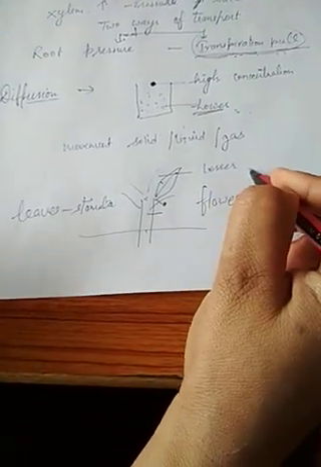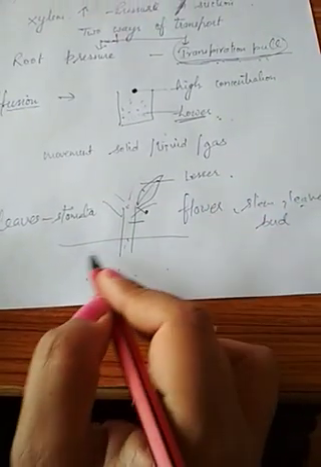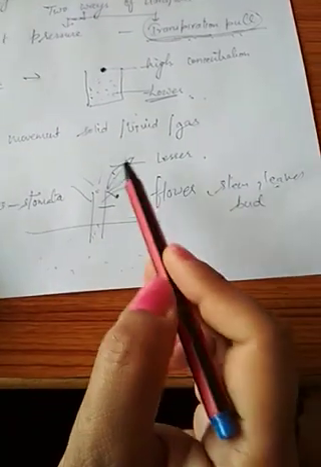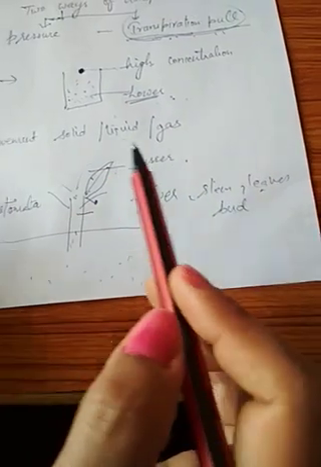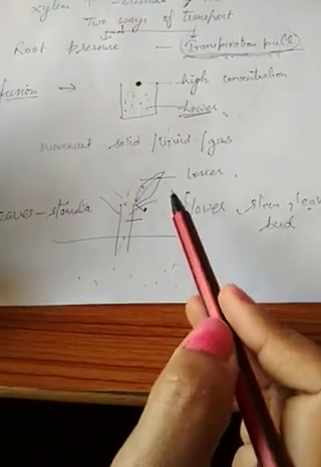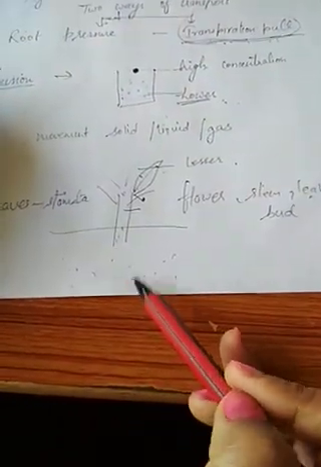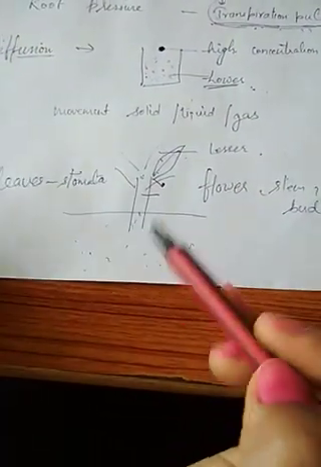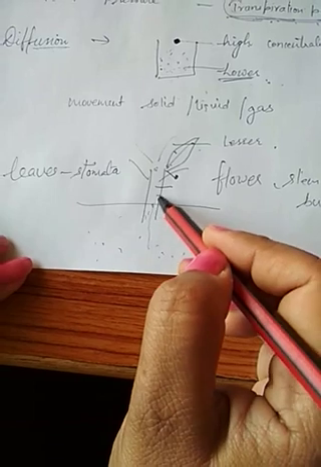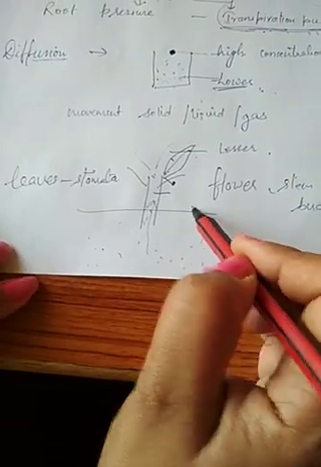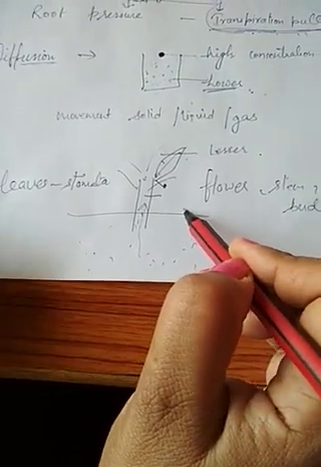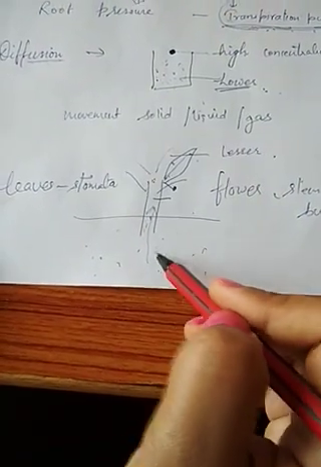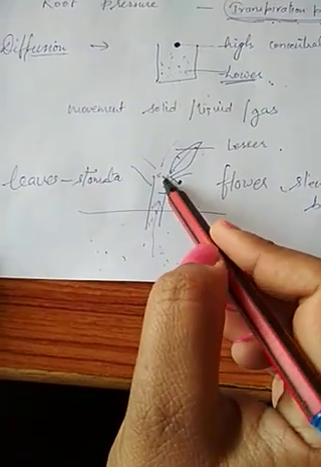Because the soil contains a large amount of water, as the concentration of water becomes lesser in the aerial parts of the plant, a force develops from the soil. That force is called suction. Because of that suction, the water is pulled in the upward direction, from the xylem cells of the root to the leaves.